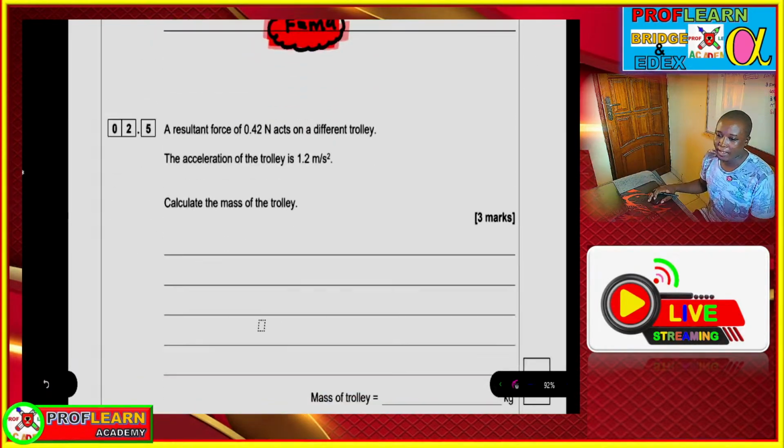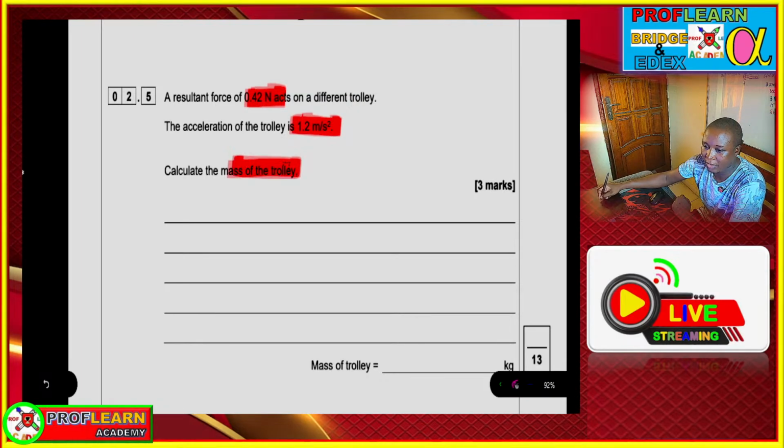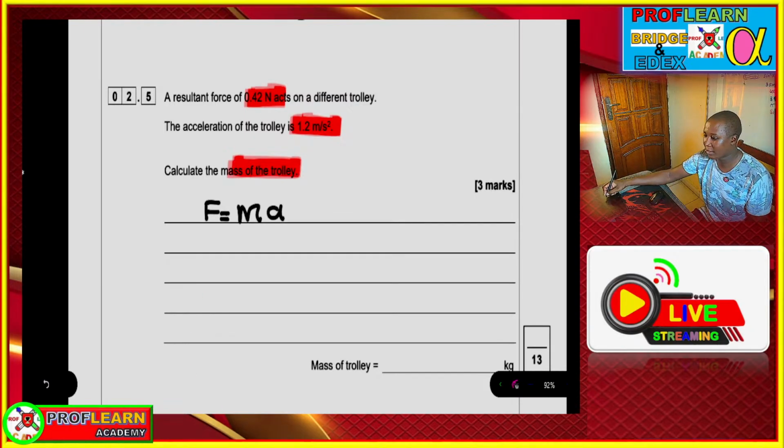Next, we are told a resultant force of 0.42 newtons acts on a different trolley, and the acceleration is 1.2. Calculate the mass of the trolley. Basically, we have already done this. Mass times acceleration is equal to force. If you don't want to rearrange this formula, you can substitute everything in the equation: 0.42 is equal to the mass, which we don't know, times 1.2.